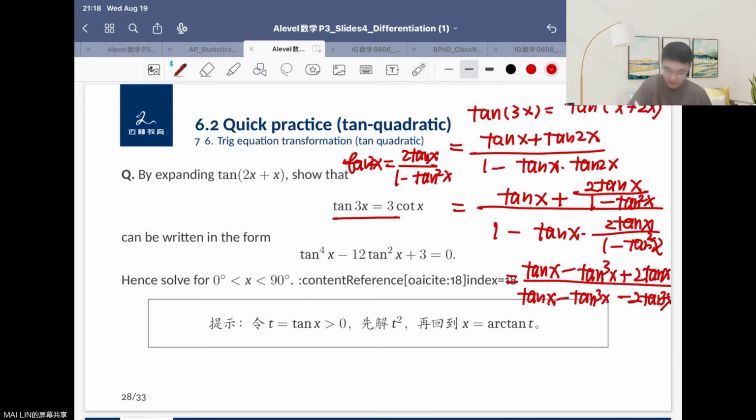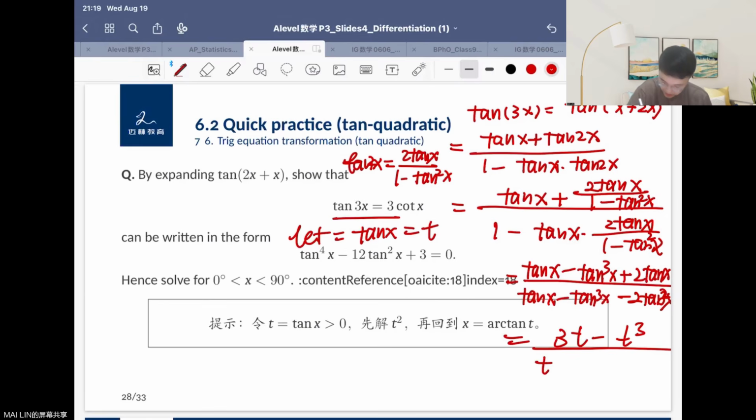If you let tan x equal t, this turns into 3t minus t cubed over the denominator in t squared.